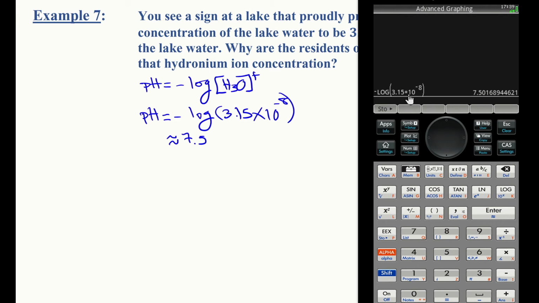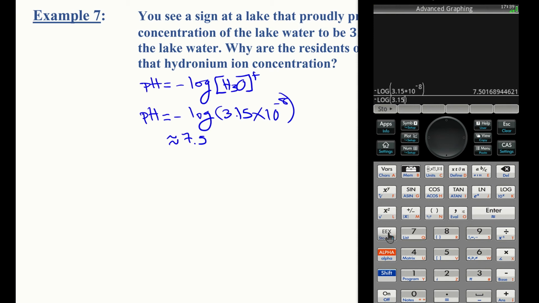And if you come back to the calculator, I just want to quickly show you the other notation that we can use. So if we just type in negative log, and we're going to type in 3.15. This time I'm going to show you how to use this button. It's the scientific notation button.